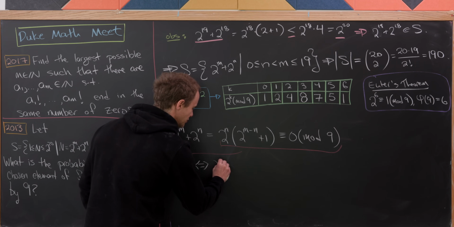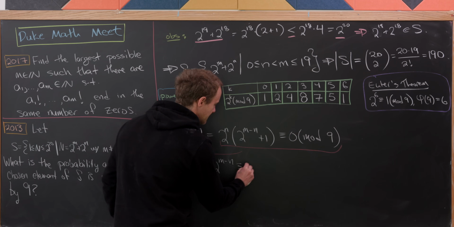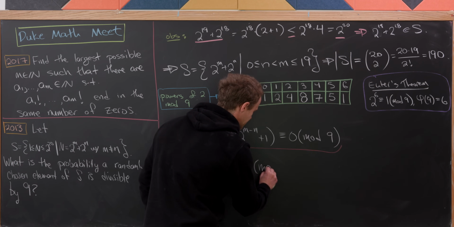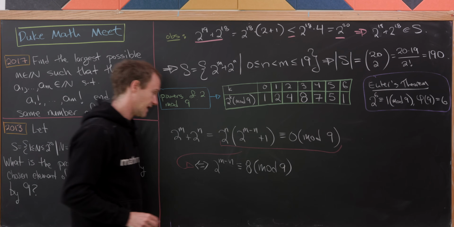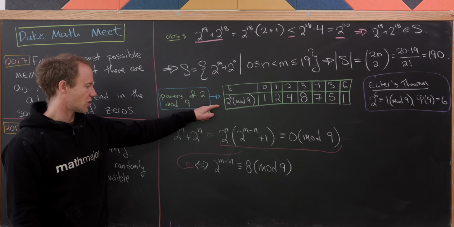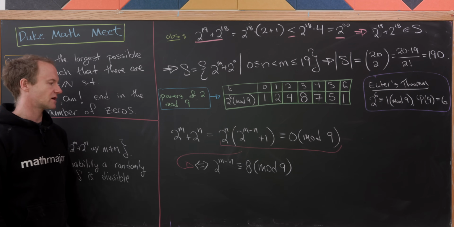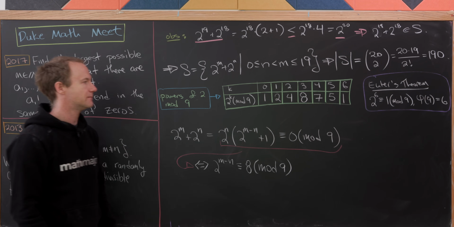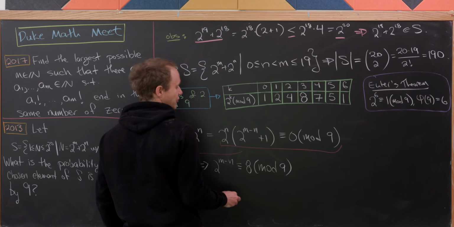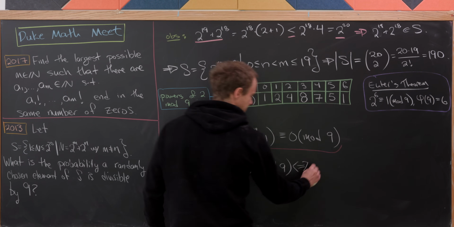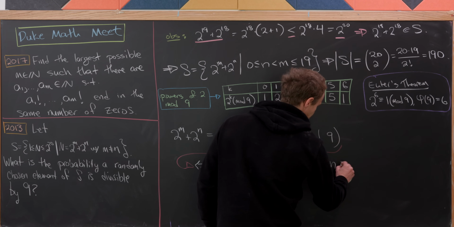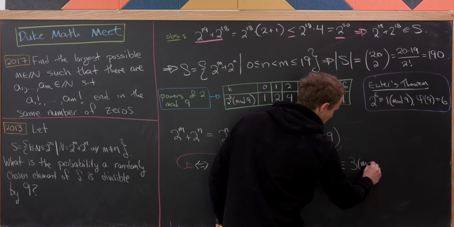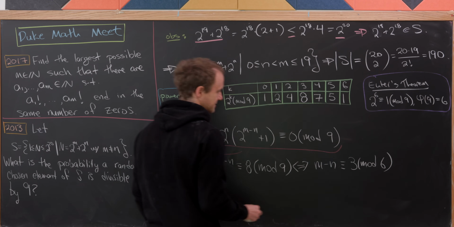This means that we need 2 to the m minus n to be congruent to 8 modulo 9. Now we go up here to this chart and we notice that 2 to the m minus n is congruent to 8 mod 9 if and only if m minus n is congruent to 3 mod 6. So here we have m minus n congruent to 3 modulo 6.